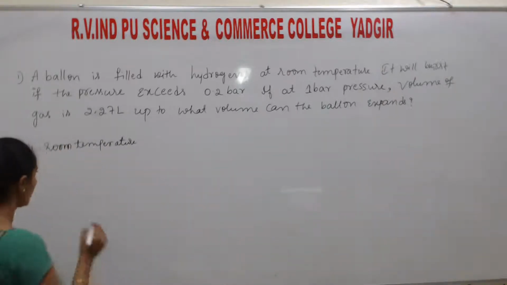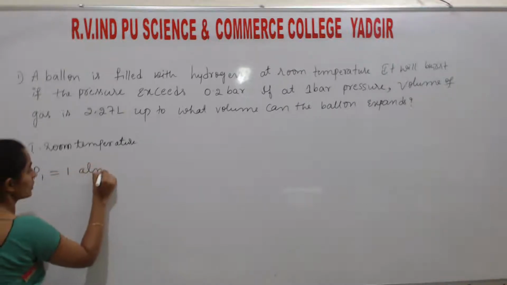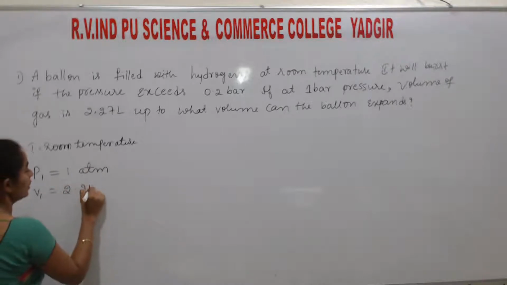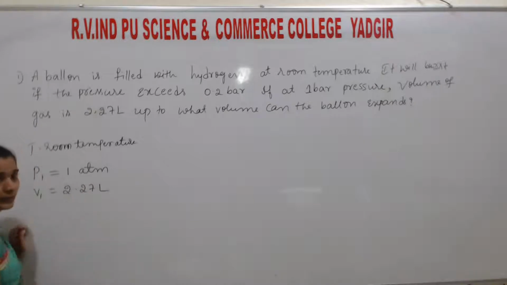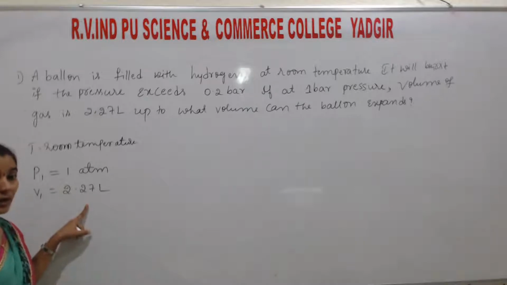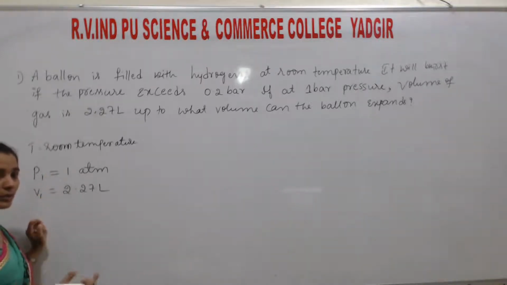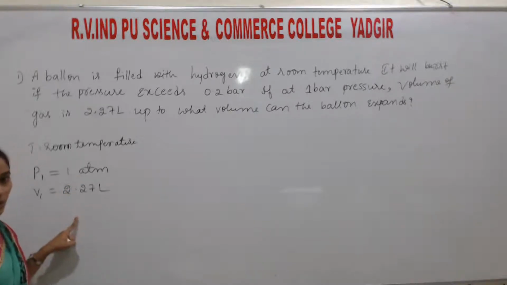So initially, they have given P1, that is 1 bar, and V1 is 2.27 liter. Understand? No matter, you can take this as P1, V1 or P2, V2. This pressure belongs to this volume.